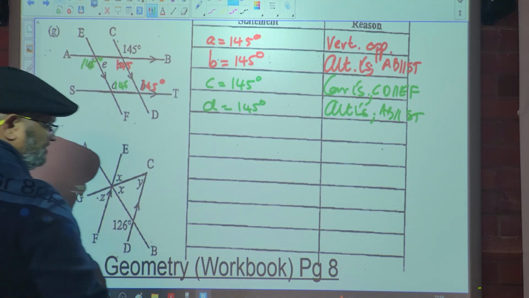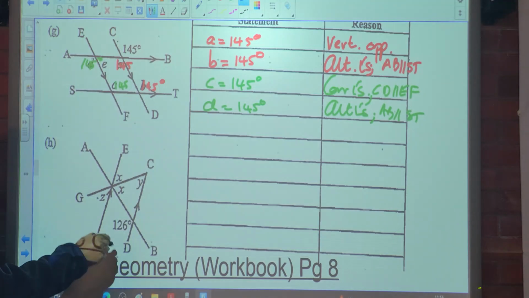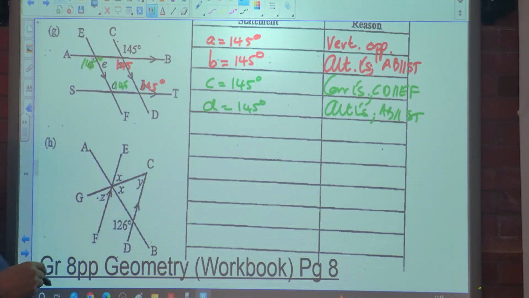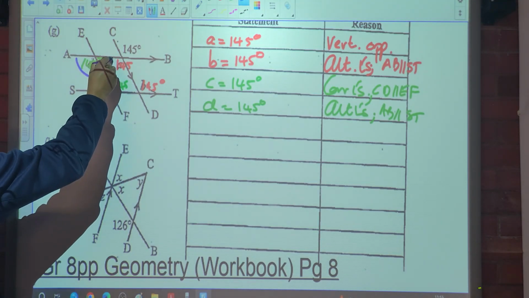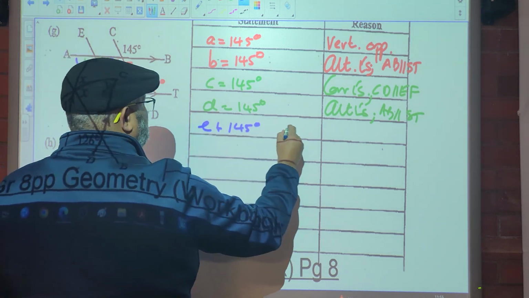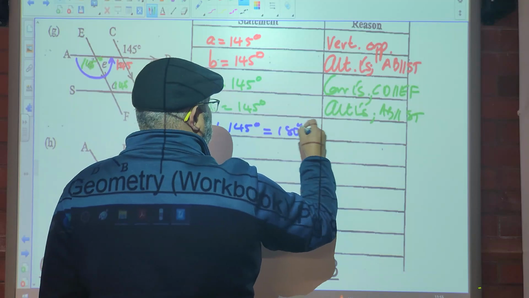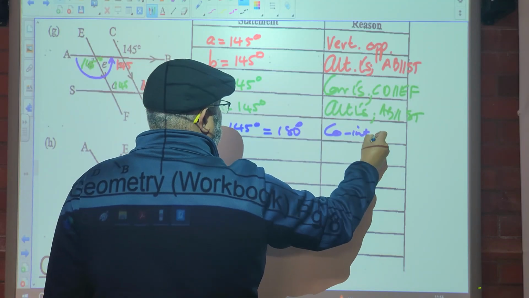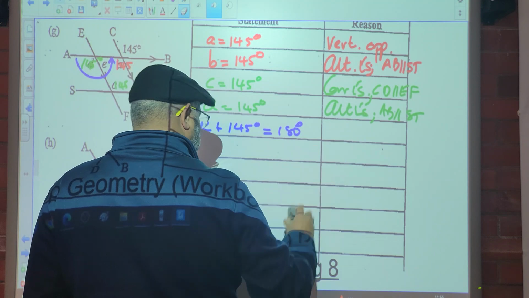Ready to calculate E. Angles in a straight line. So E plus 145 is equal to 180. Reason? Angles on a straight line.